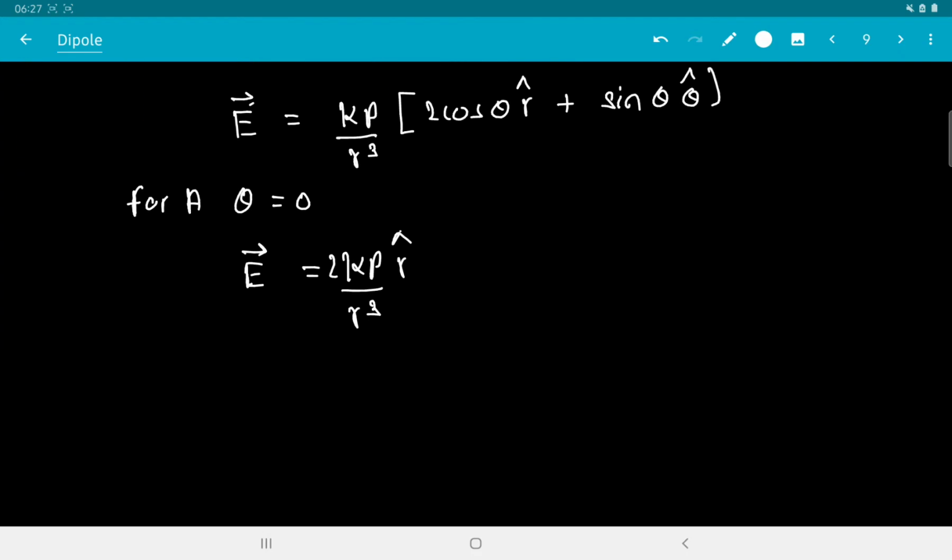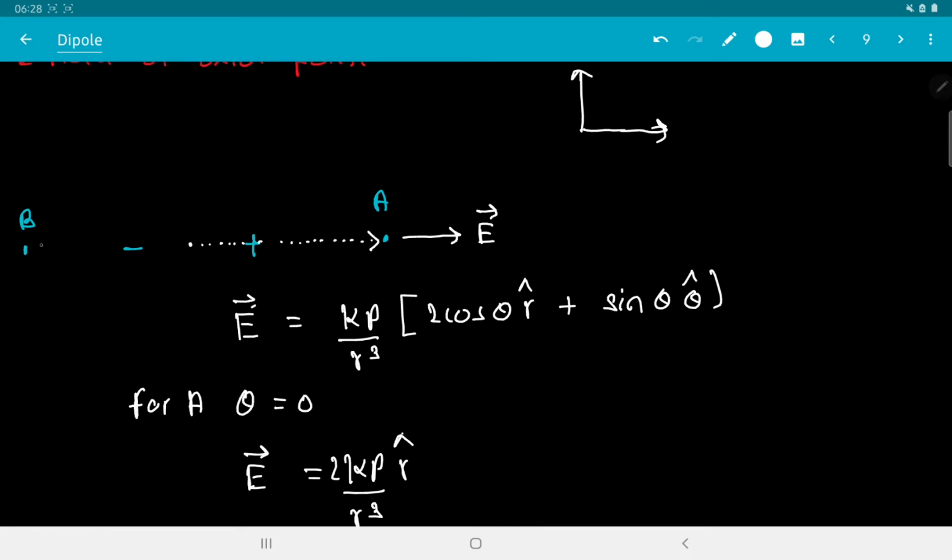For point B, theta will be pi, because see, where is this B? B is in opposite direction, so the angle will be pi.